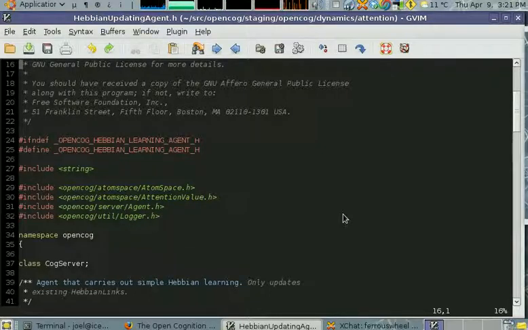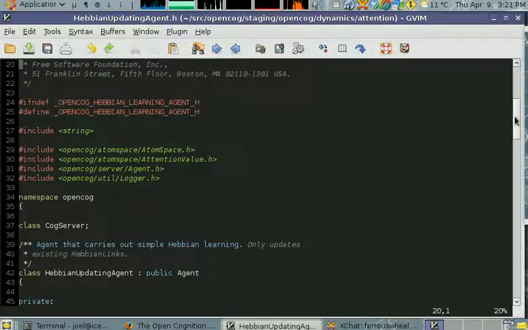Another mind agent that I'll talk about is the importance diffusion agent, which moves STI and LTI along these Hebbian links. But first you've got to have some way of working out what the values are for these Hebbian links.